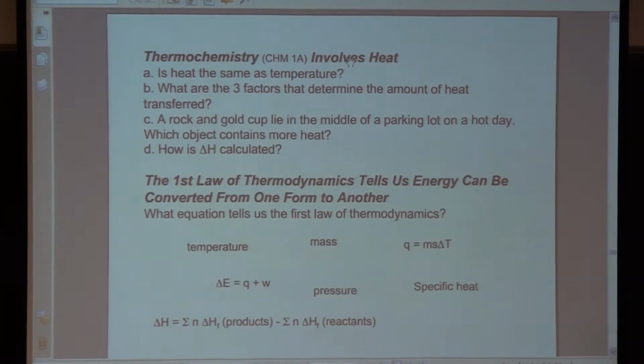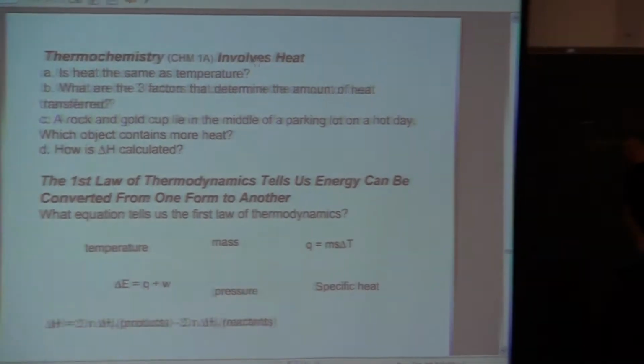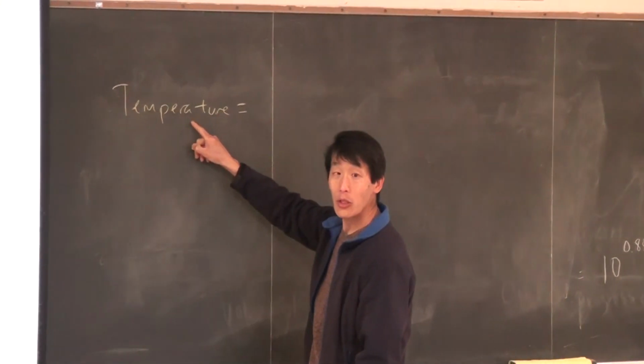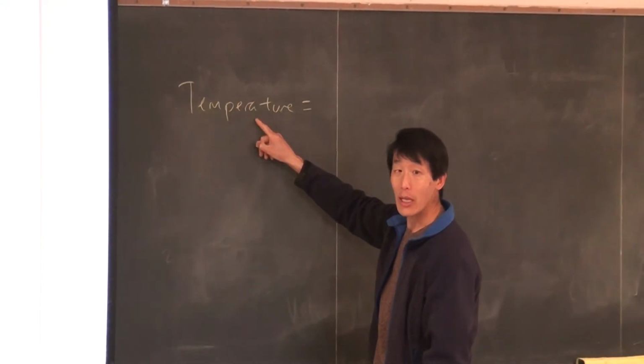Okay, so what's the definition of temperature? Yeah, so temperature tells us how fast or slow a substance is moving, or how fast the atoms or molecules in a substance are moving.